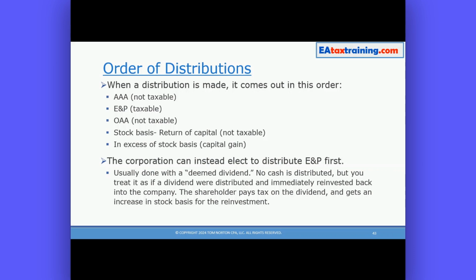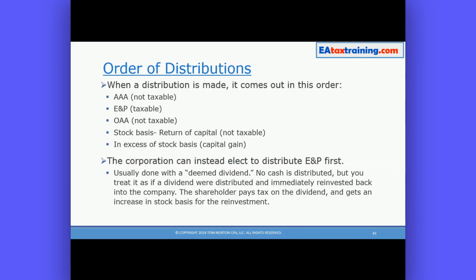But what if they've got earnings and profits from when they were a C Corp? Let's say they've got $20,000 of earnings and profits from when they were a C Corp. What they can do is take a deemed dividend of that $20,000. What that does is that $20,000 is taxable, but it gives them basis in the S Corp. So now they can take a $20,000 loss. The S Corp had a $30,000 loss.